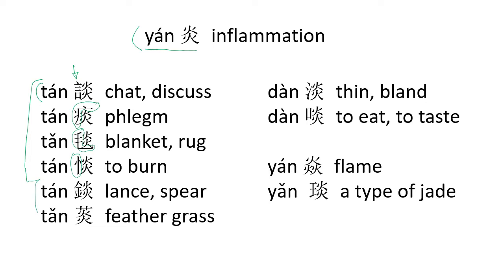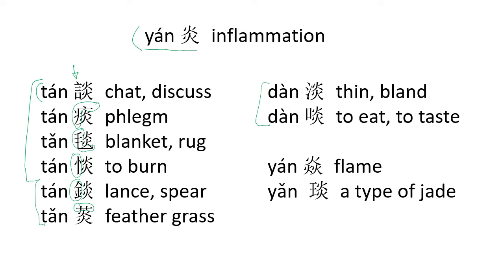If it's got the metal radical in front, then it's a lance or a spear. So it's something made out of metal that causes inflammation, maybe. And if it's got the grass on the top, then it's a specific plant that is a feather grass. You can also have other radicals in front that change the sound from yan to a d sound.